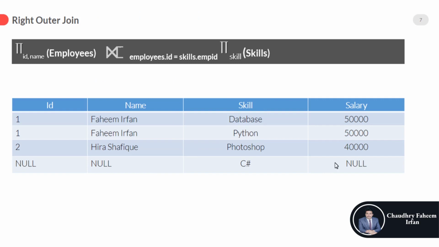In right outer join, we are going to select all the records from the right table and the corresponding records from the left table, in which there is no record. So for the C# skill, there is no record in the employees table.